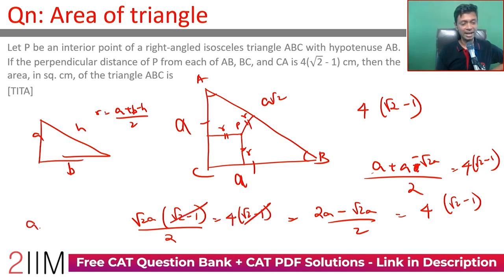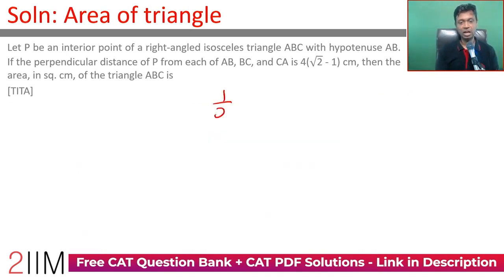Or A by root 2 equals 4. A is 4 root 2. So this side is 4 root 2. This side is 4 root 2. Area in square centimeters of the triangle ABC is half into 4 root 2 into 4 root 2. Root 2 into root 2 is 2. That disappears. We're talking about 16 square centimeters.